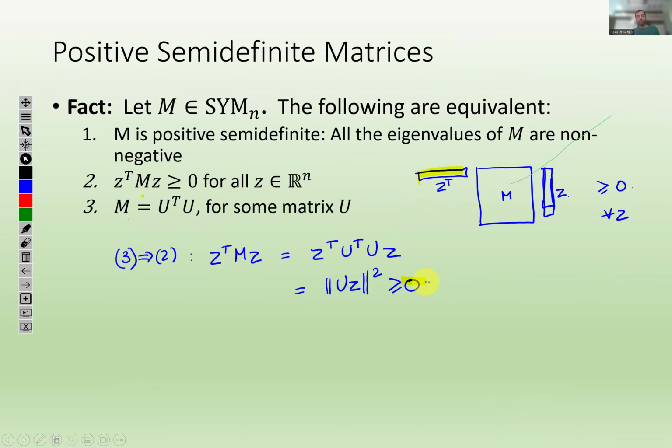So this is an easy proof of 3 implies 2. In fact, all of them are equivalent. We'll not go over that for now. We will not show the equivalence. Any question on this definition of what a positive semidefinite matrix is?